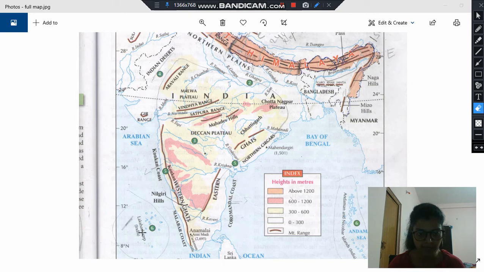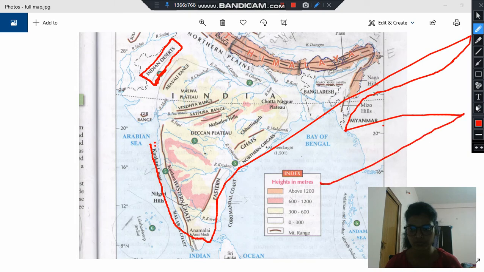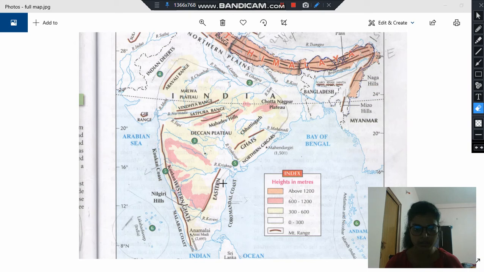Here we have Lakshadweep Island, and here we have Andaman Nicobar Island. Here we have the Bay of Bengal. Then on the west side, this is the Indian desert. We will read about this too. So these are Indian deserts, and these areas are coastal areas.